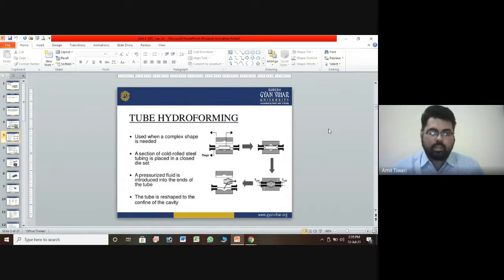What we do basically, as you can see here, is this die, with an upper part and a lower part. In between you can place the sheet and fill it internally with liquid fluid, then apply high pressure on the fluid, which transfers to the sheet.